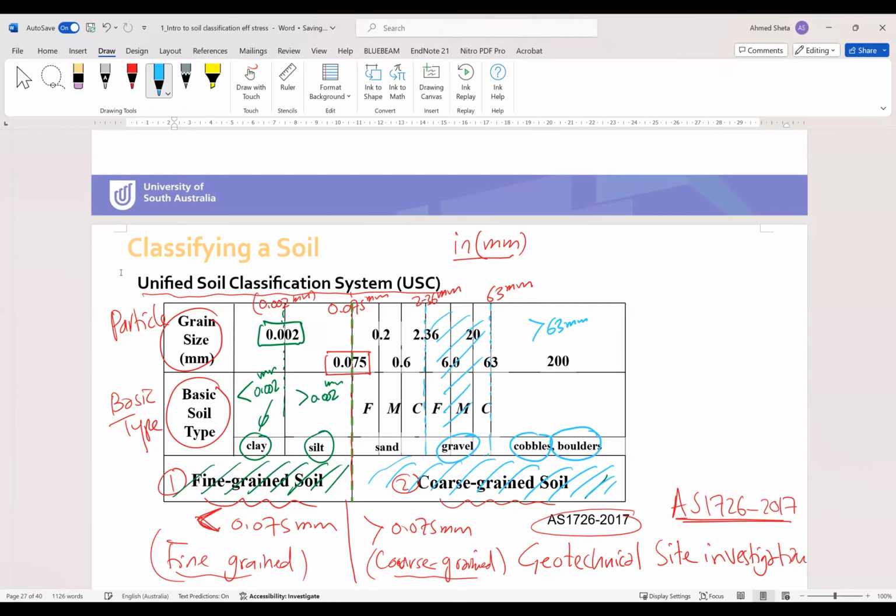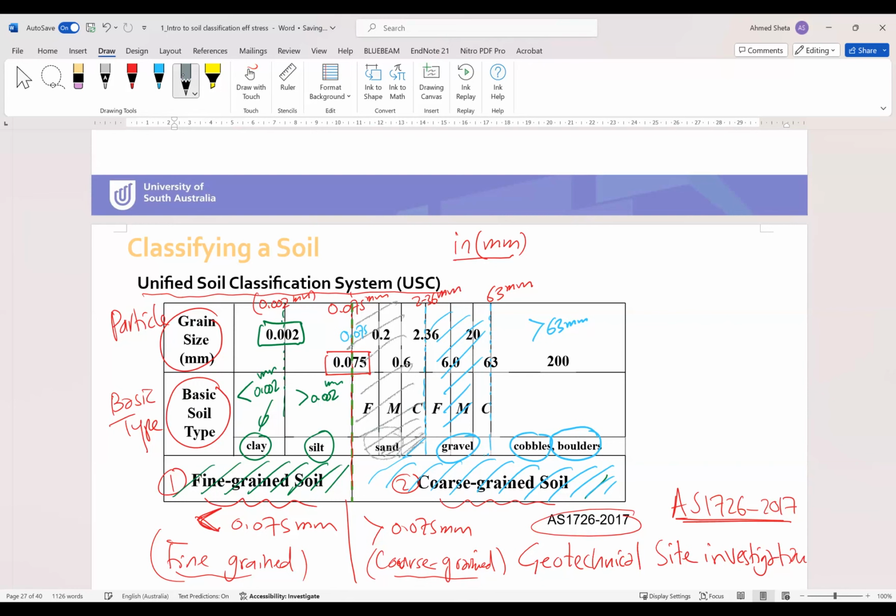The sand is between 0.075 and 2.36, which is this area or this part. Okay, so this is sand, and the size of the sand is between 0.075 and 2.36.